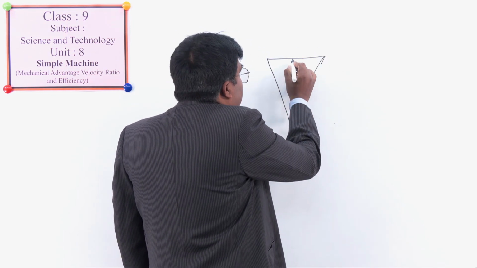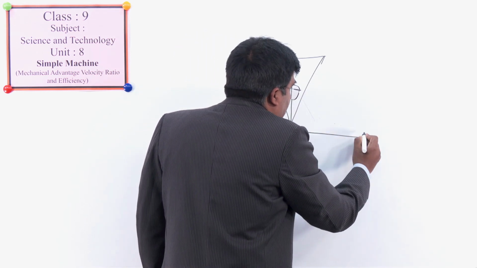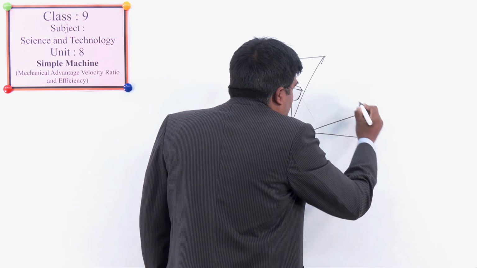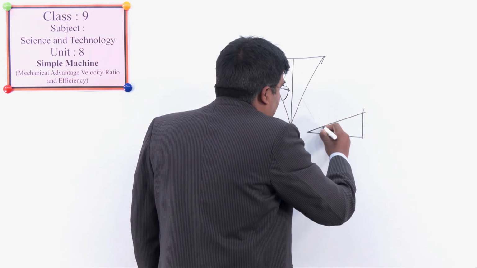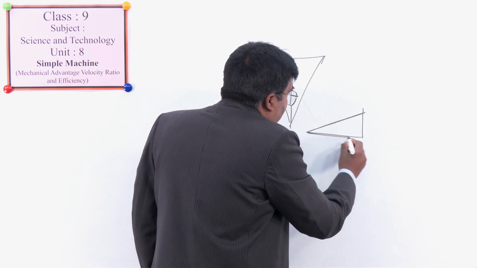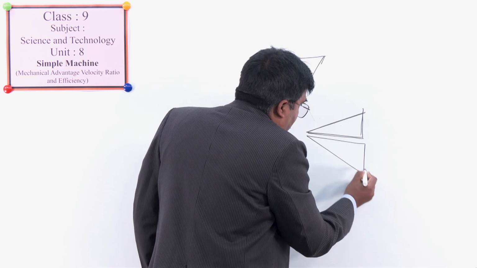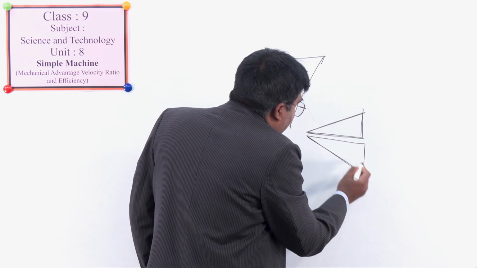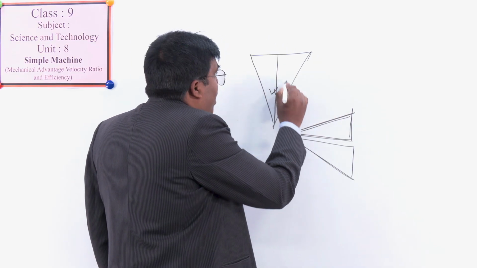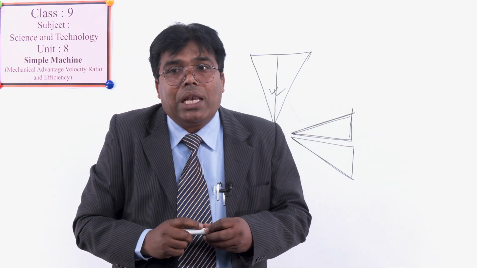If we divide it from the middle and keep it this way, it works as an inclined surface. In the same way, this part also forms the same structure, an inclined surface. So that's why this wedge is also considered an inclined plane.